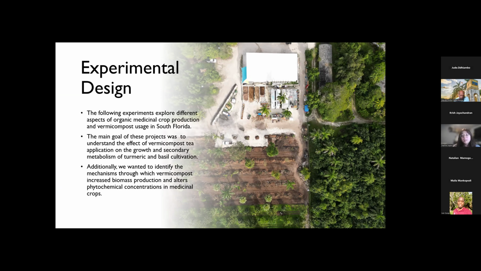Additionally, we really wanted to identify the mechanisms through which vermicompost could increase biomass production and alter phytochemical concentrations in medicinal crops. And I just wanted to show a background picture of our partner farm, which is known as Lion Fruit Farms. This is where I conducted the majority of my dissertation work.